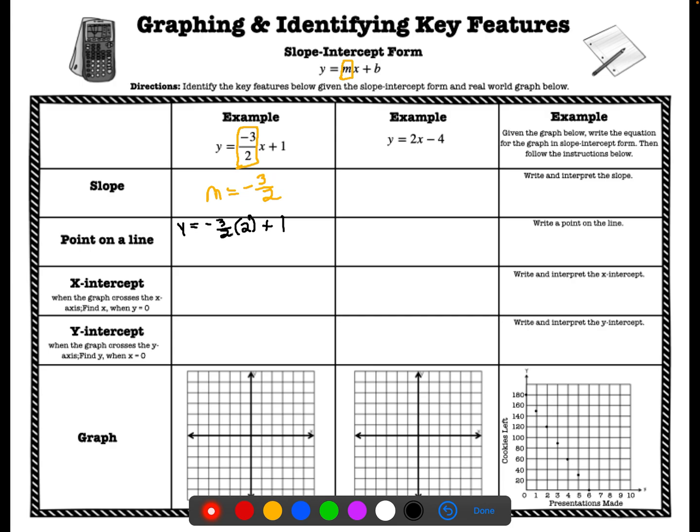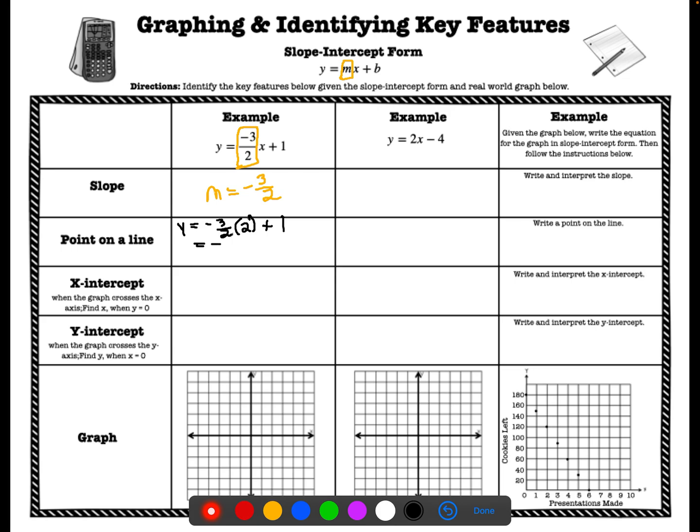Now that we have an input, we have to determine the output using the order of operations to simplify this equation. So negative 3/2 times 2 plus 1 is what we want. Remember, negative 3/2 is the same as negative 1.5. Negative 1.5 times 2 is negative 3.